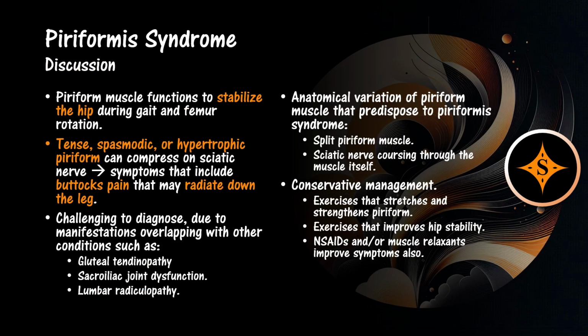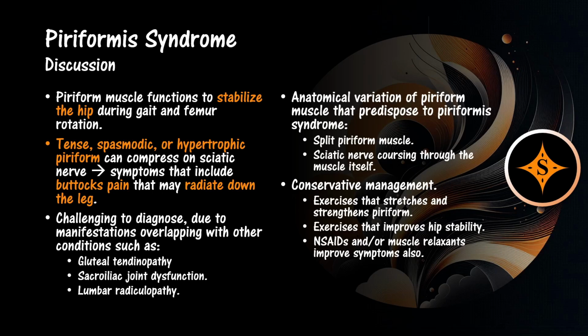So we can review a little bit of what we have gathered so far. Piriformis syndrome is basically a neuromuscular condition involving sciatic neuropathy secondary to compression by a piriformis muscle pathology. Sometimes it includes tension, spasm, or hypertrophy that causes impingement on the nerve.